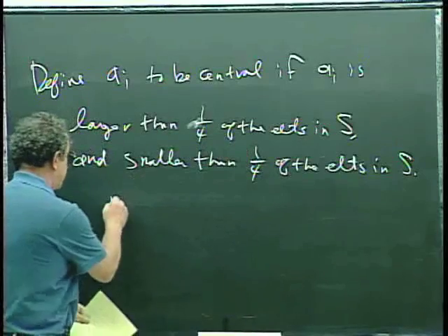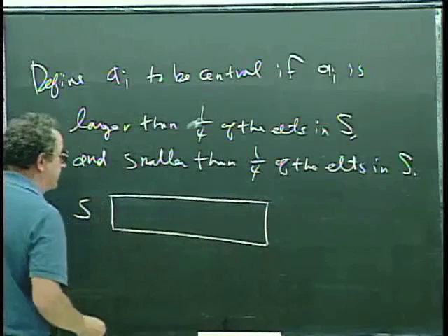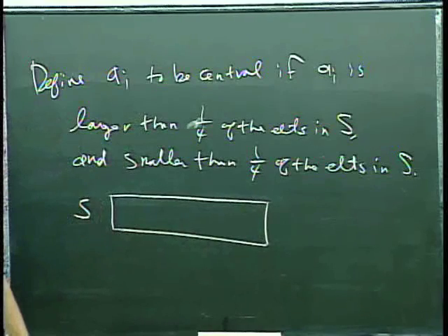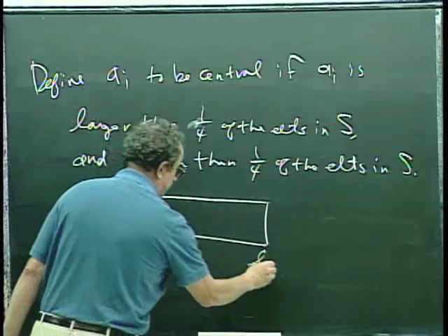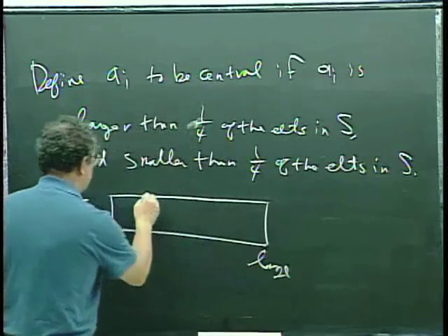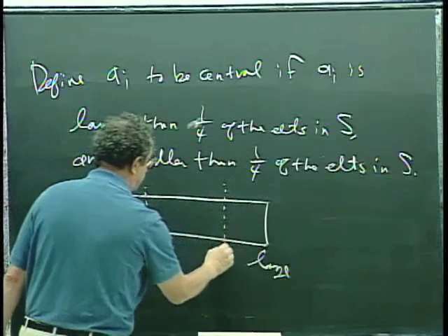So what does that look like pictorially? Let's say this is S, and even though S is not sorted, let's think of it as being sorted. Here are the small guys, and here are the large ones, and a quarter roughly like that, roughly like that.